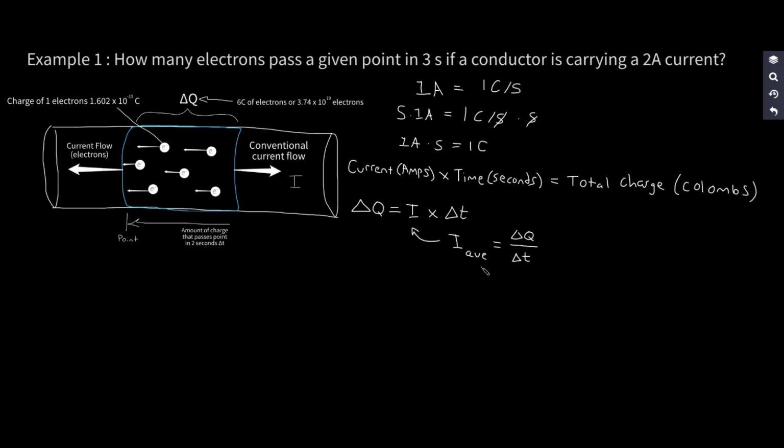Okay, so the average current equals delta Q over delta T. That is the amount of charge that flows past a specific point between two moments in time, divided by the time.